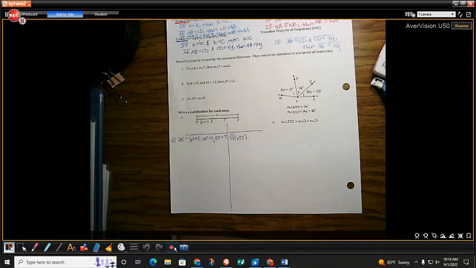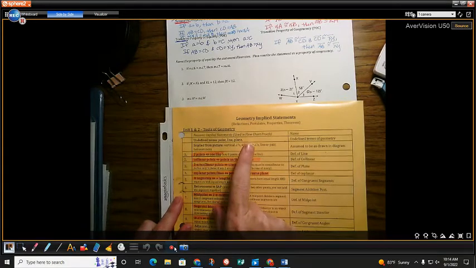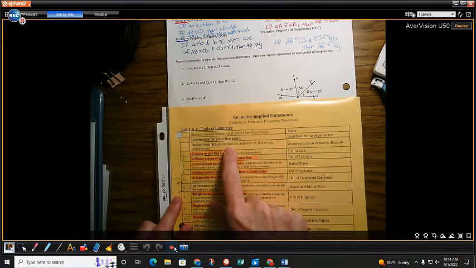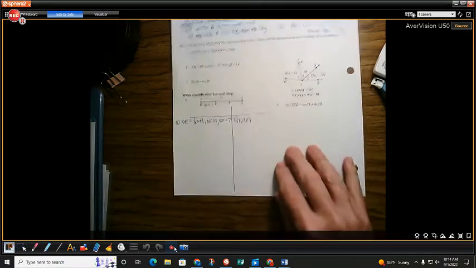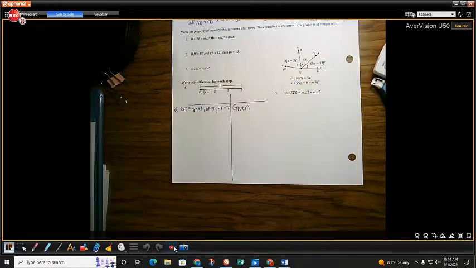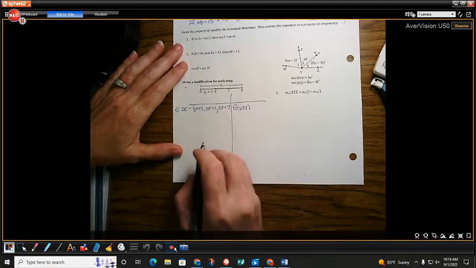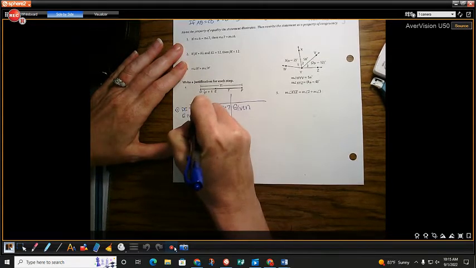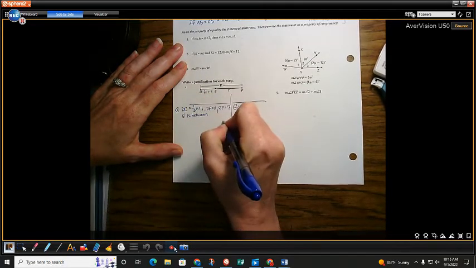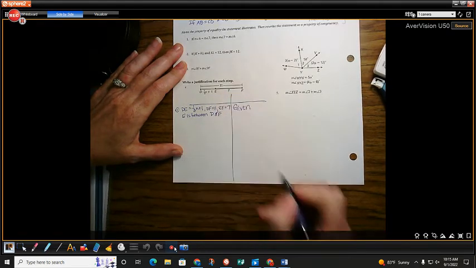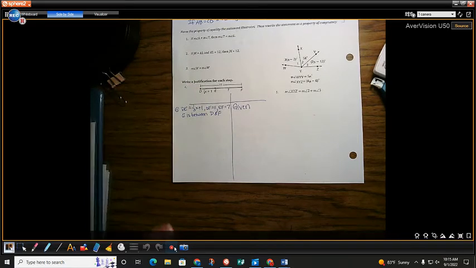At the top of your implied statement list is a list of 4 things that you can just get from the picture. Vertical angles? Do I see any vertical angles here? No. Adjacent angles? No. Linear pair? No. Betweenness? Yes. What can I say is between in this picture? E is between D and F. That's given as well because it's implied from the picture.